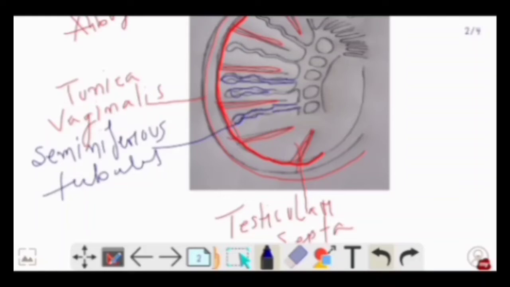They are coil-like structures. Every testis would have up to 900 seminiferous tubules. How does this number come to 900?